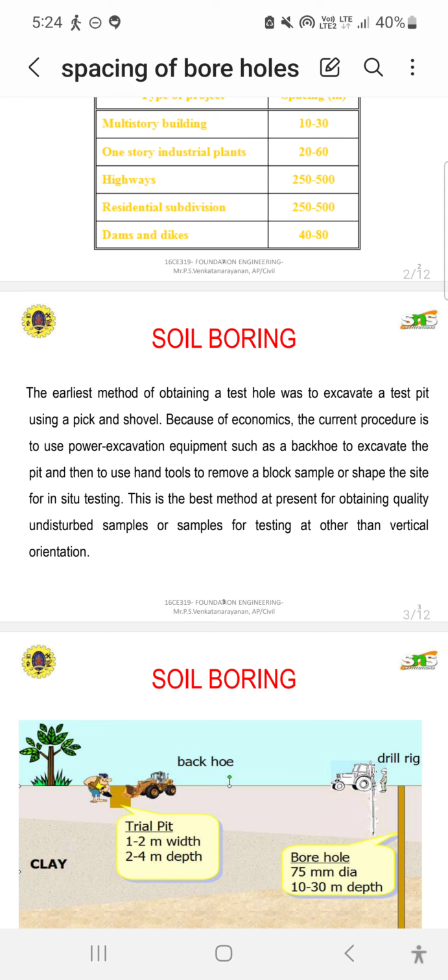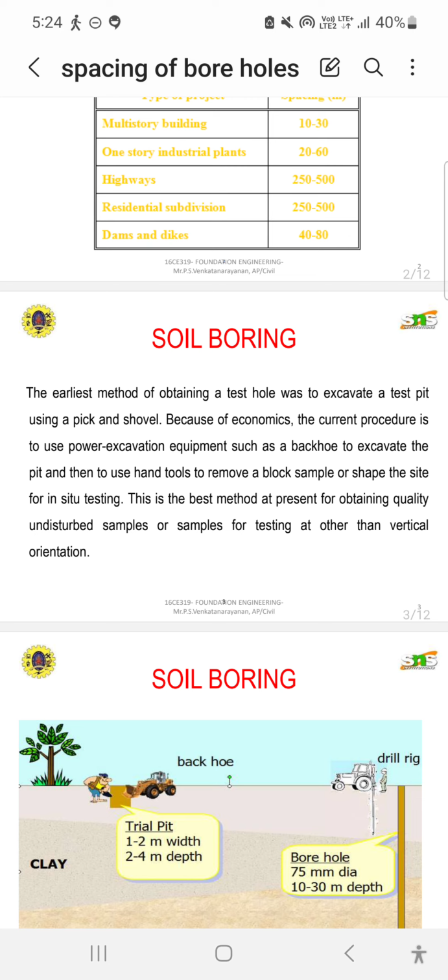Then we have to find the sample, and after that shape the site.